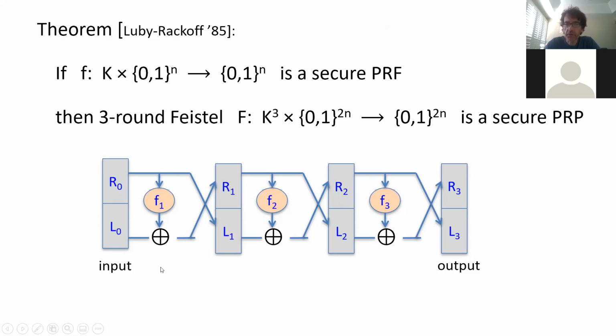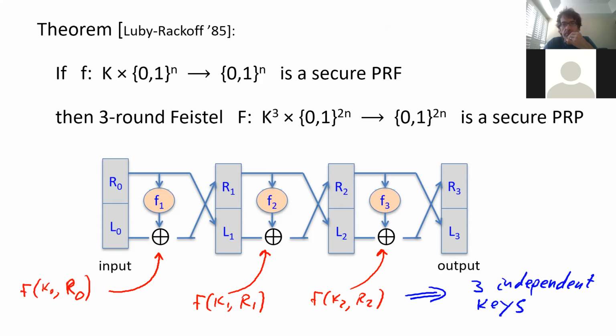And the adversary recurses. If he has polynomially many queries, he cannot tell this whole circuitry from interacting with a random permutation. Okay? So that's the Luby-Rackoff claim.